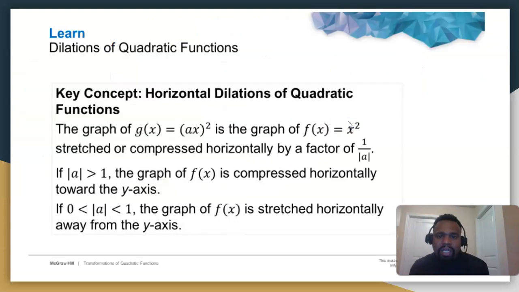All right, let's talk about horizontal dilations. Now look at the notation here. Now you have in parentheses a number times x and then squared. The squared is on the outside of your parentheses. That represents a horizontal dilation. It's still going to affect your parabola, just a little different.